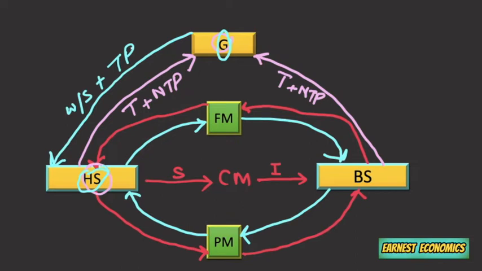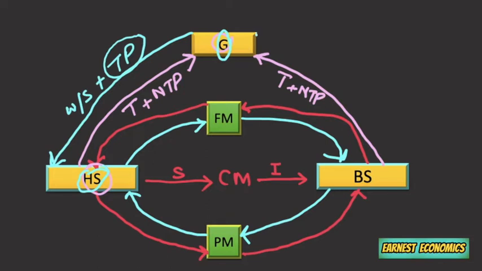So money is given by the government without anything being done by these people in return for the government, so that they can run their life. This is the transfer payment which the government makes towards the household sector. So these are important sources of income for the household sector, and this is how money flows from the government sector towards the household sector.